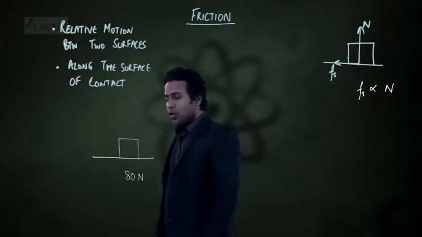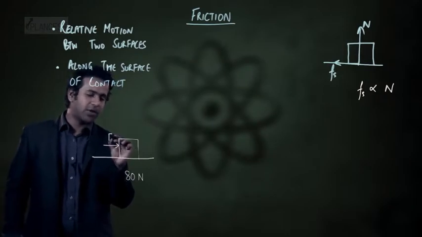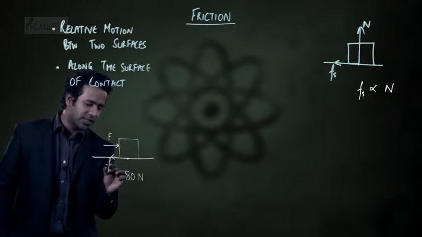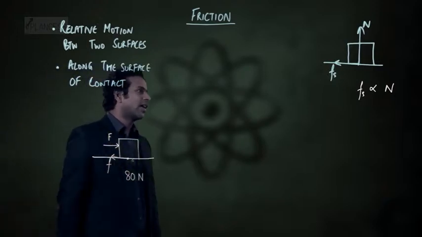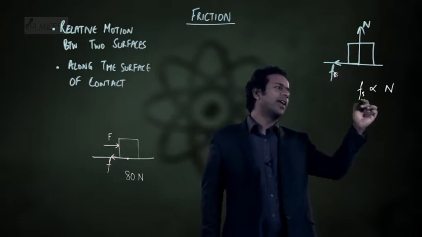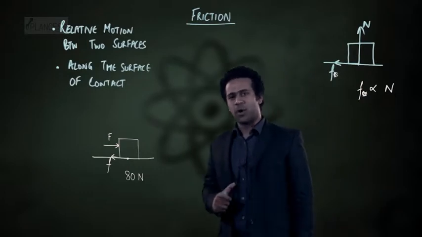Right. So, let's say that a force F is applied on this block and the ground offers a friction which is F small f. Let's not use the subscript S for now. You'll later understand why. So let's denote friction by small f.